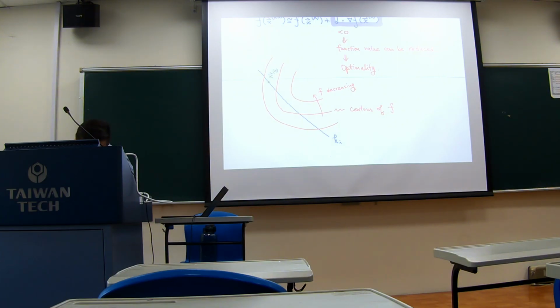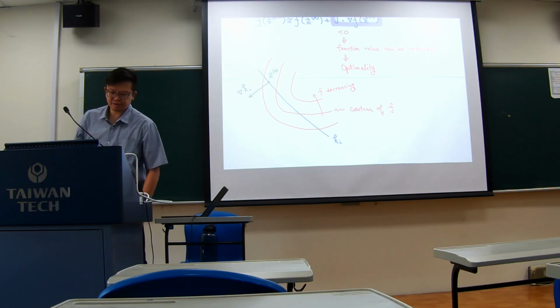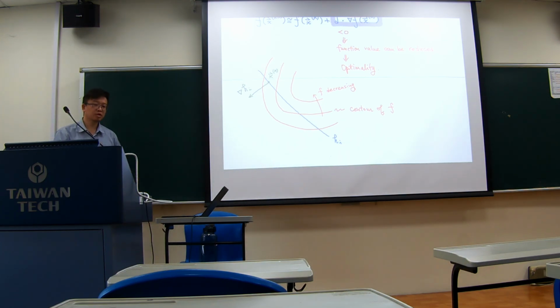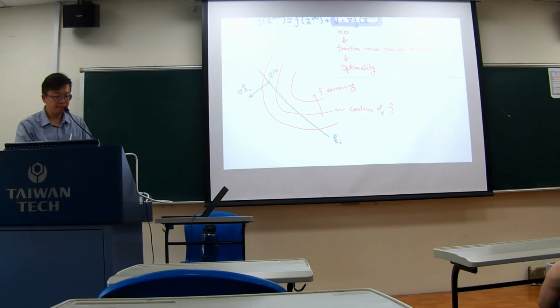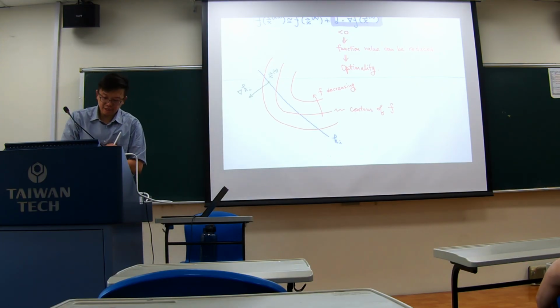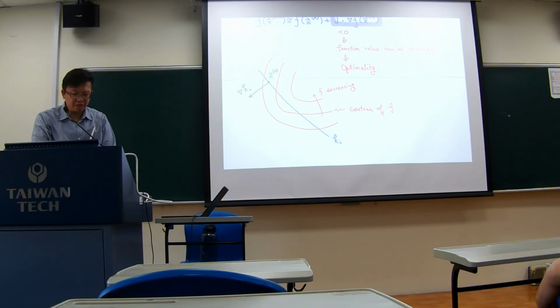From previous discussion, we already know this will be the direction of your gradient of h. So it's remaining perpendicular. What would be the direction of the gradient of your f?